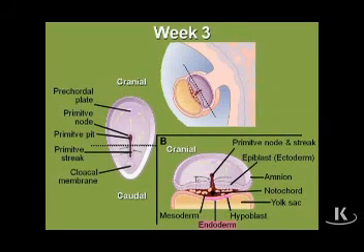Other cells that migrate through the primitive streak migrate toward the hypoblast but don't go quite as far, and they will end up entering the space between the two layers.